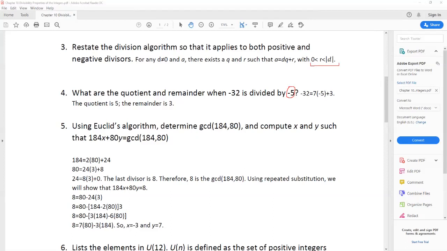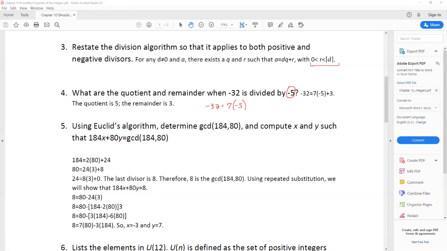So negative 32 is going to be 7 units of negative 5. That's like going back 7 times, and each chunk is negative 5.